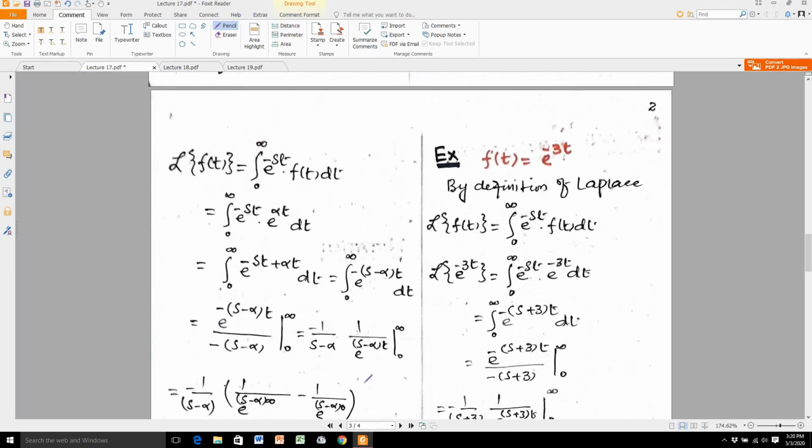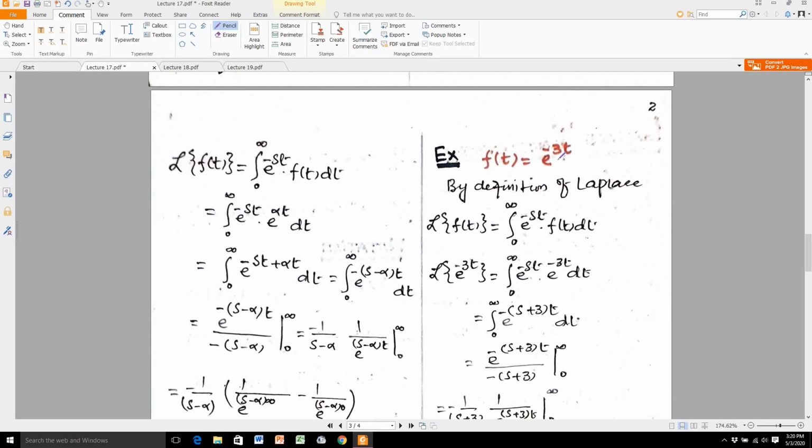I am taking another example with the negative sign. Here alpha is equal to minus 3. If I asked you to tell me the direct answer of this function, what is your answer? First take the help of its general answer: if F of t is equal to e raised to the power alpha t, then its Laplace is equal to 1 over s minus alpha.